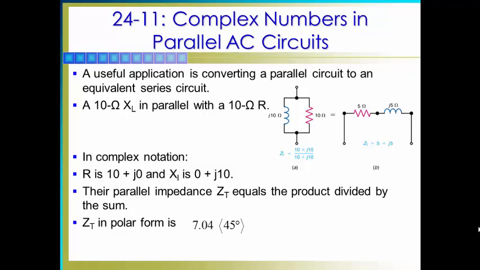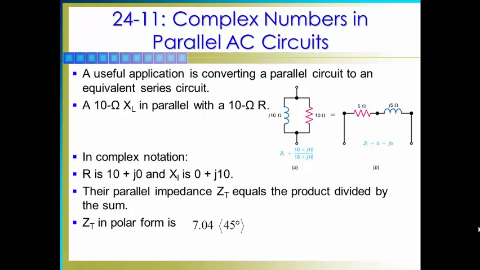So you multiply the two and divide by the sum, which is the combination of two impedances in parallel, and in polar form it comes out to be 7 for the amplitude and 45 degrees angle.